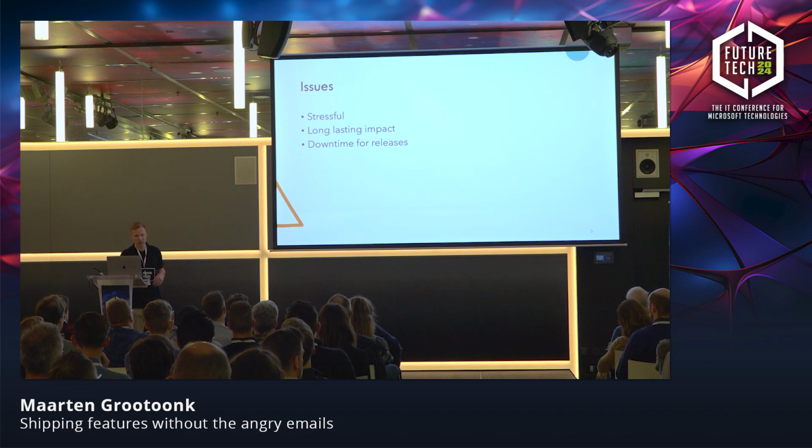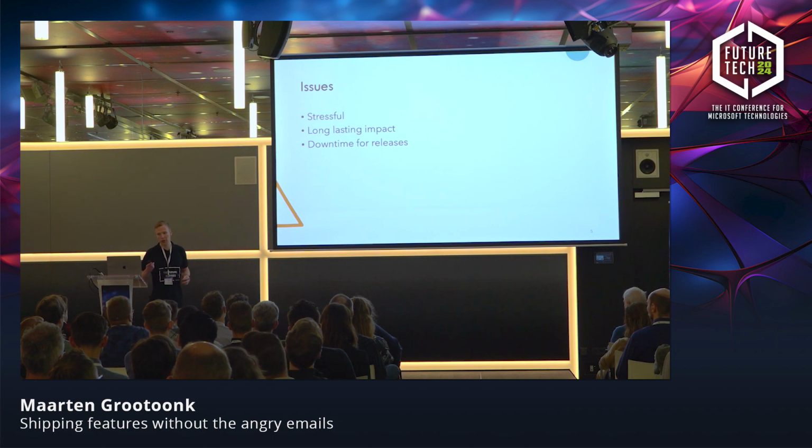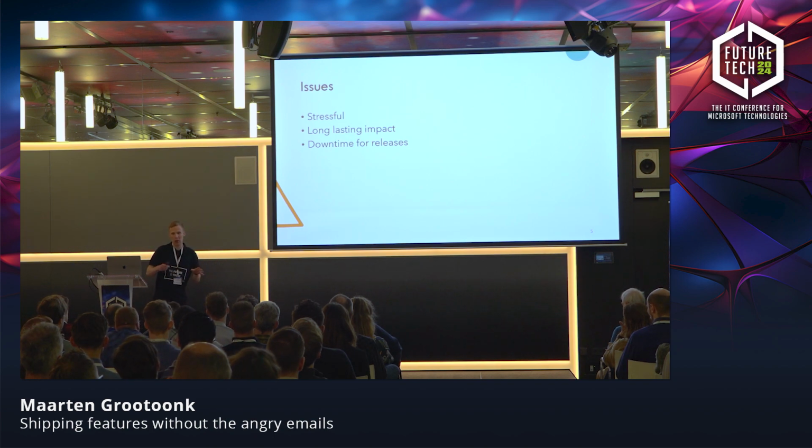We want to have the time and the space to look into the issue and build a good fix instead of a quick fix. Another issue of not using feature flags is if something breaks, it takes quite some time to fix it. For example, you have to merge request, test it, release it, and it can take minutes to hours to even release the fix. So that's really a big problem. Another item is the downtime.